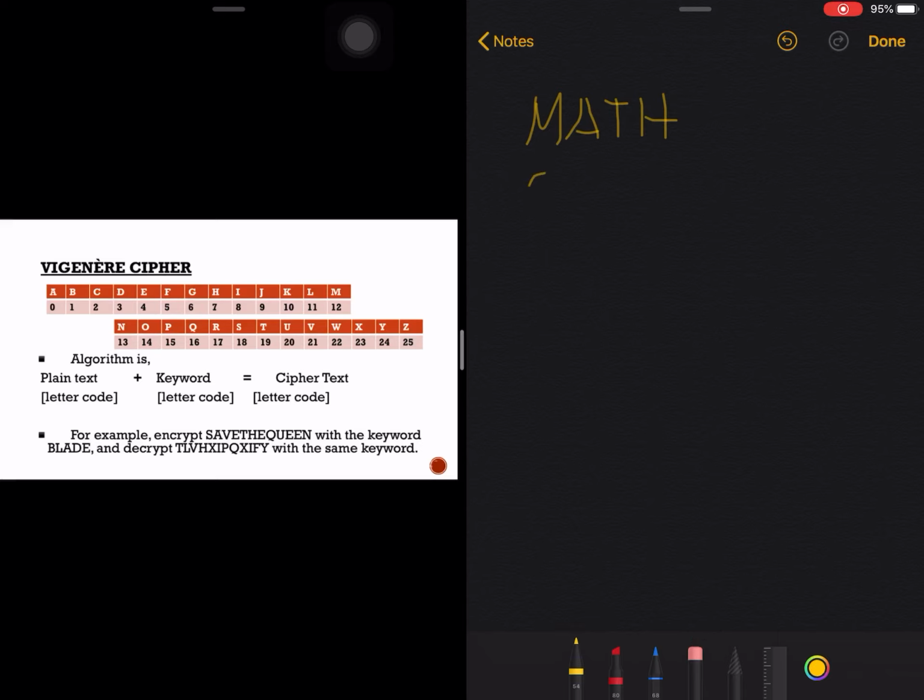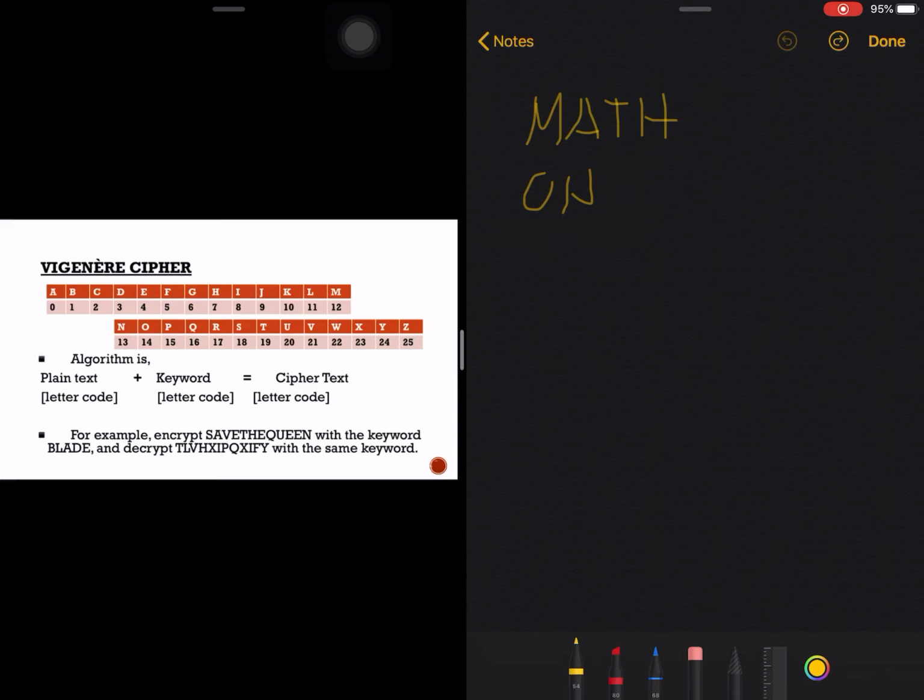And if you're done with the keyword, you just have to repeat the letters in order until all the letters in the plain text will have their pair. So that means you have to repeat there, so that all of the letters in math will have a pair.